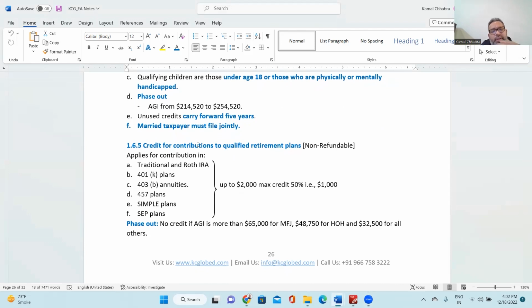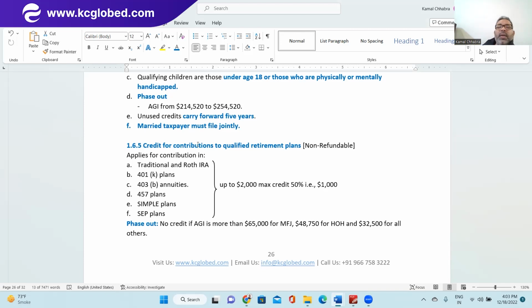In addition to that, they have 401k plan, 403k annuities, 457 plan, simple plan for self-employed, and SEP for self-employed, right? So here you might have seen this point is coming in the itemized deduction as well as in the tax credit. So if you are taking standard deduction, then you can take tax credit for this much amount for the same contributions, right?